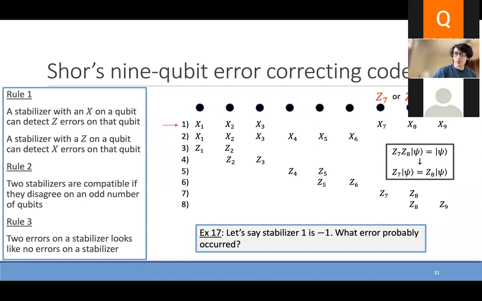I have one question. The first stabilizer gives us that if we apply Z7 to state psi, it equals Z8 applied to state psi, because of the first stabilizer, because it will correct either Z7 or Z8 or Z9. Sorry, you say like?